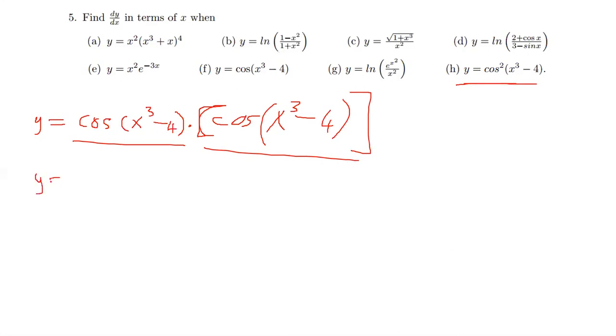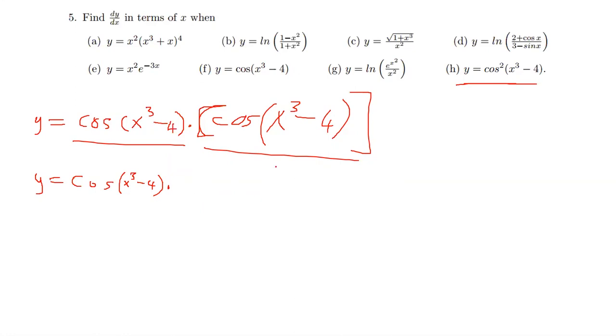So y prime is equal to, we write our u first using product rule, meaning we write cos(x to the power 3 minus 4) in brackets. Then you have this multiplied by the derivative of your v.